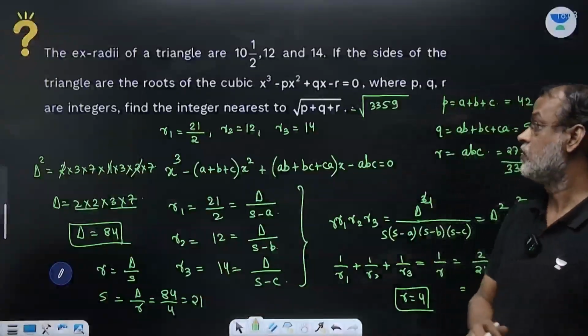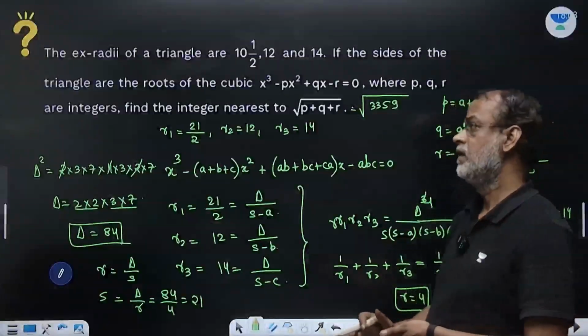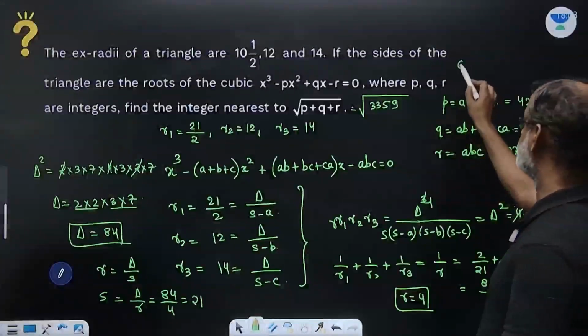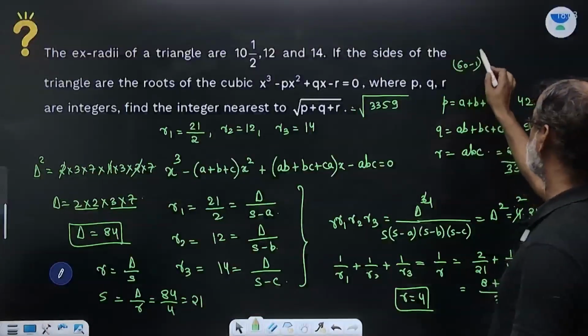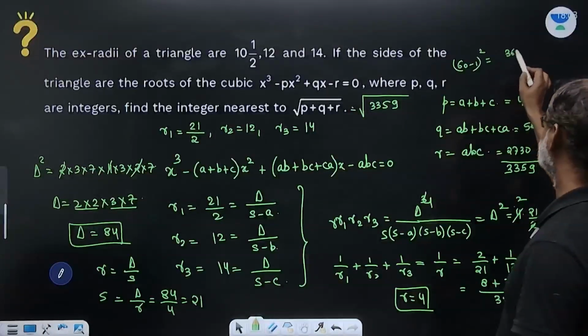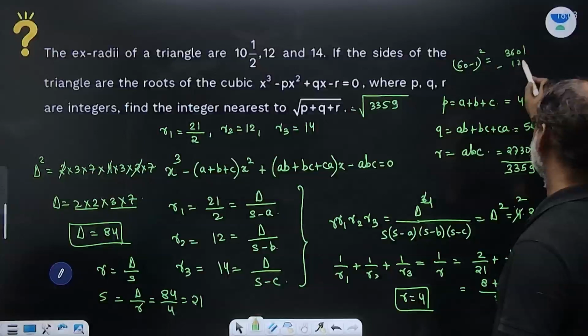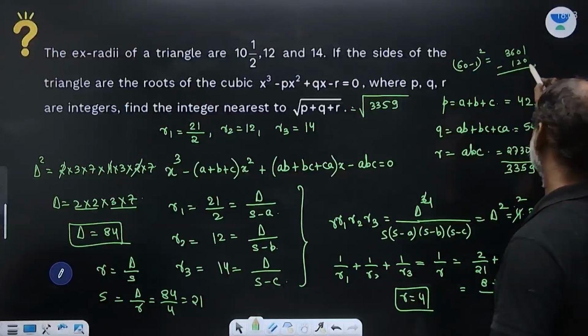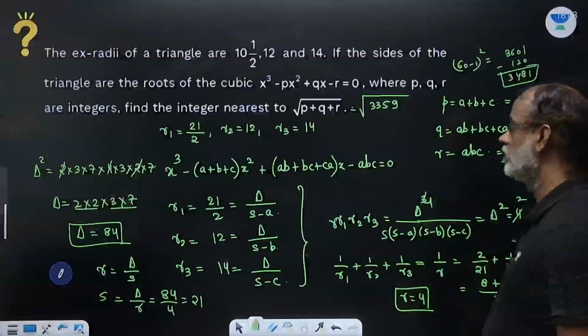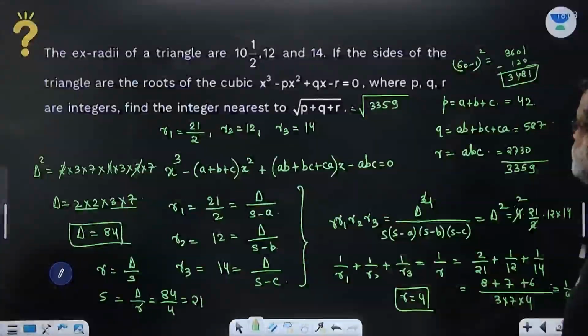So 60 square is 3600. 60 minus 1 whole square is 3601 minus 120, 3481. Okay, 3481.